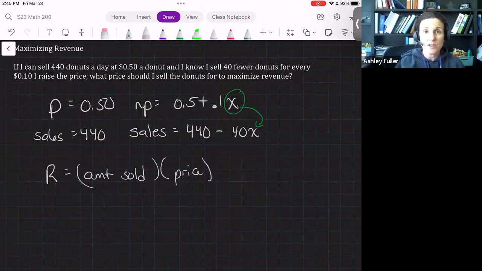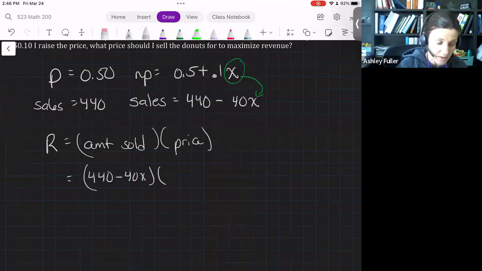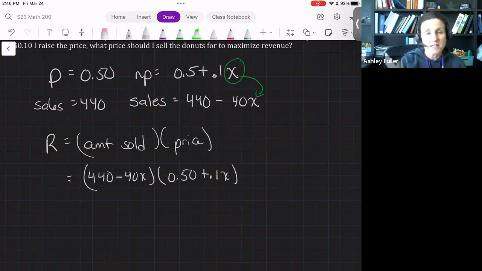If I am selling donuts and I sell 10 donuts and they're 50 cents a piece, I just do 10 times 0.5. Well, here my amount sold is this 440 minus 40x, because it depends on how many times I raise the price, times my price of 0.50 plus 0.1x, because my price is going up, my sales go down.